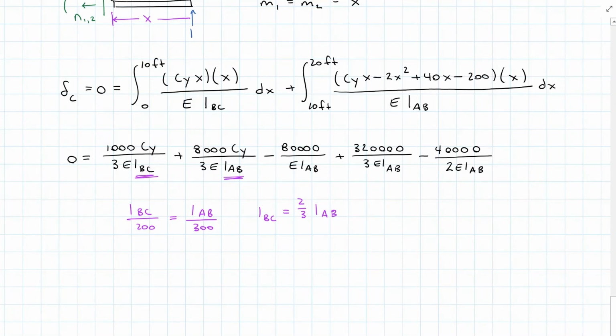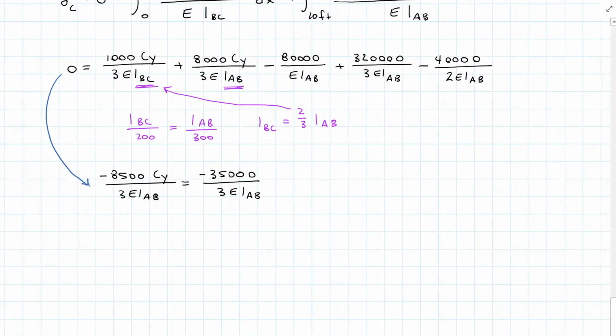So I can plug that in over here, and now I have a common denominator throughout the entire system. And this now cleans up to 8,500 CY over 3 EIAB is equal to negative 35,000 divided by 3 EIAB.